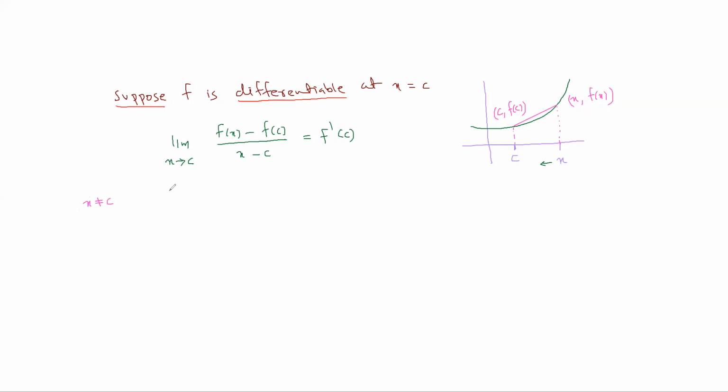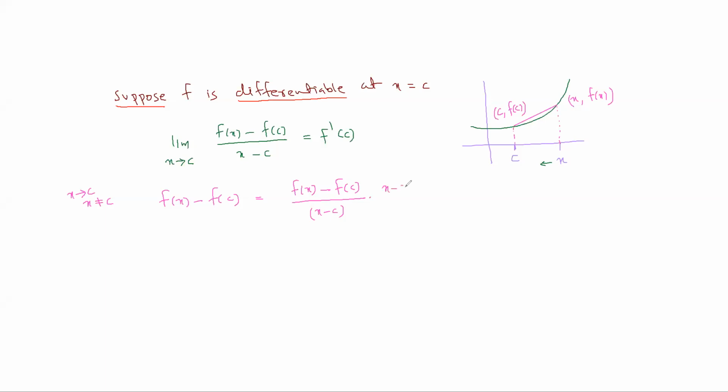So we can write f of x minus f of c as f of x minus f of c divided by x minus c, multiplied by x minus c. I multiplied by x minus c because x is approaching c only, x is not equal to c, so x minus c is not 0.